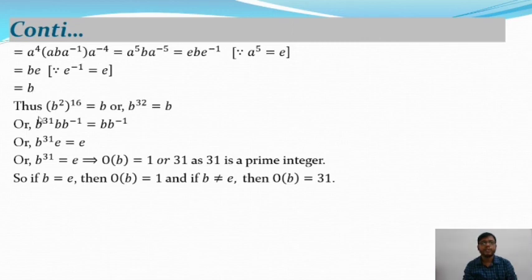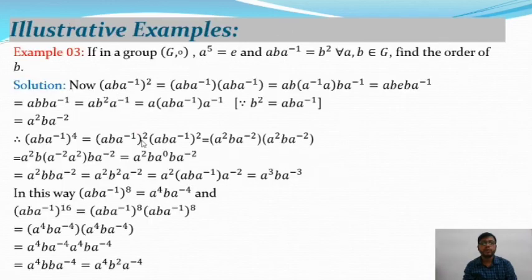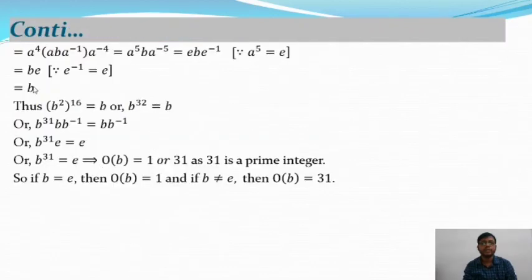Thus (b square) whole to the power 16, you know that a inverse equals b square, so (b square) whole to the power 16 equals b, or b to the power 32 is equal to b.